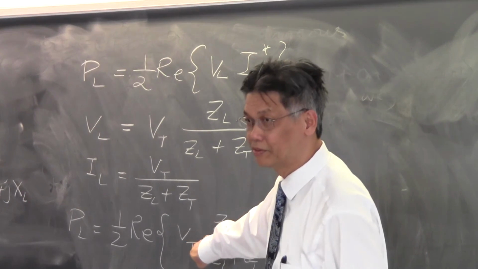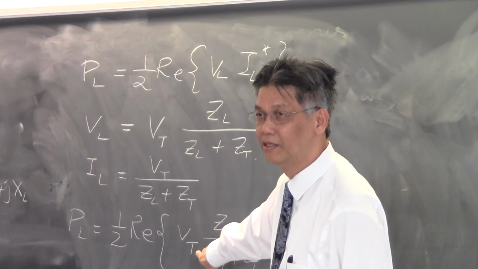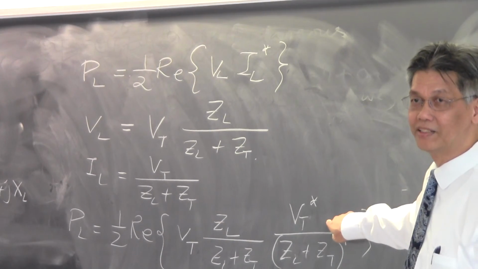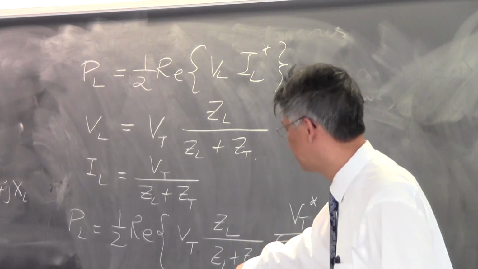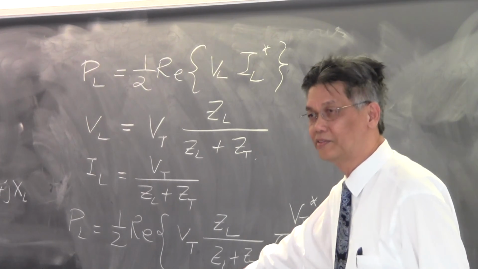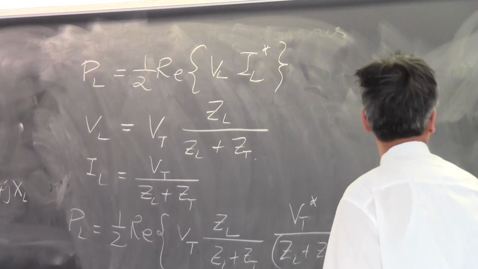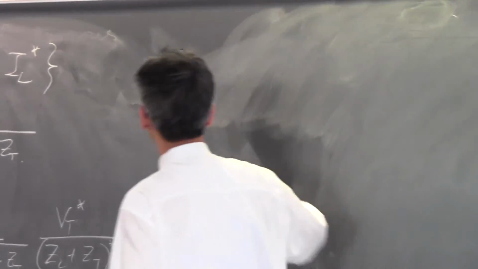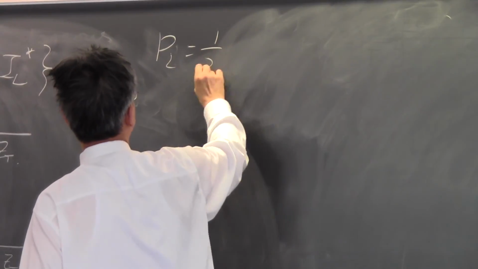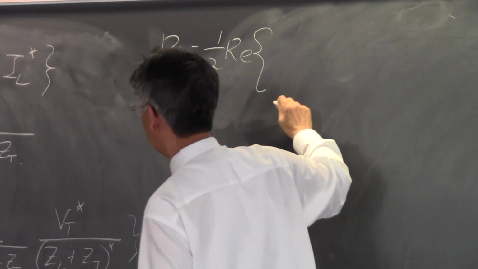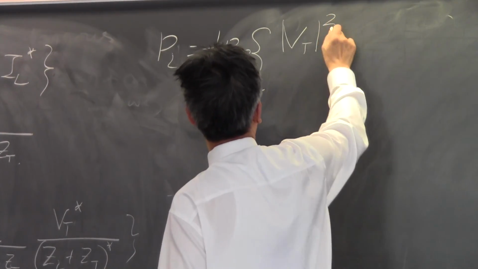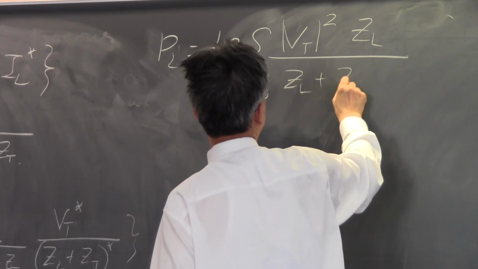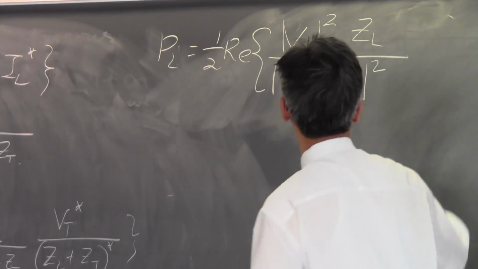This VT conjugate times VT gives me what? This term times this term is VT magnitude squared, right? What about this thing times this thing? It gives the denominator magnitude squared. Okay, so I can simplify this and say that PL is equal to half the real part of VT magnitude squared ZL over ZL plus ZT magnitude squared.